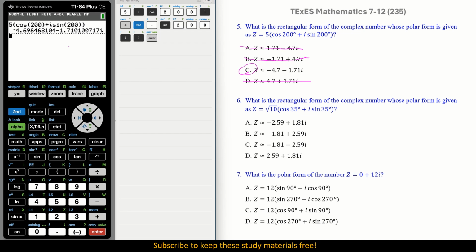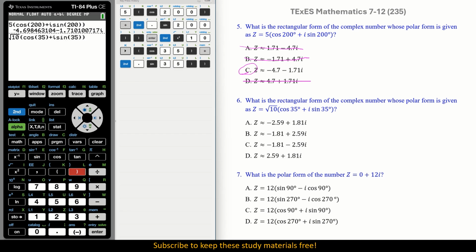Number 6, what is the rectangular form of the complex number whose form is given as z equals square root of 10 cosine 35 plus I sine 35? Okay, again, we just put it in the calculator. So second square root 10, and you have to arrow over and put in your parentheses. Cosine, and we need 35, close it, and say plus second I, then sine 35, and close your parentheses.